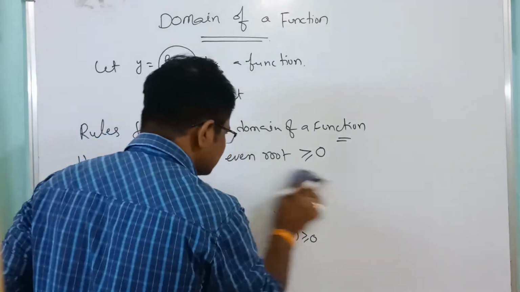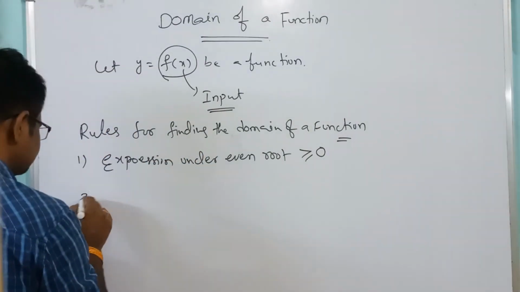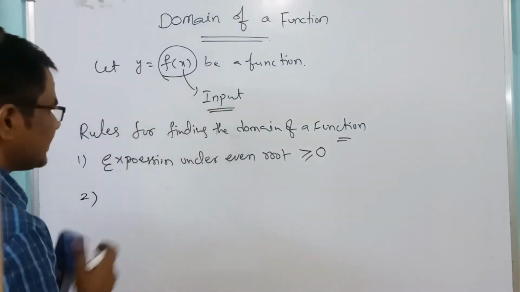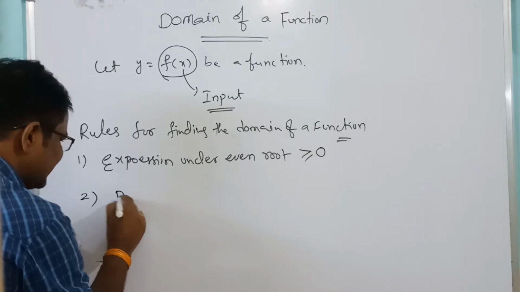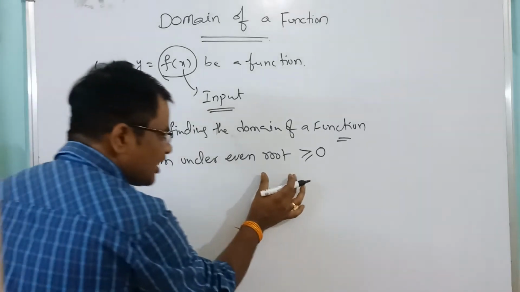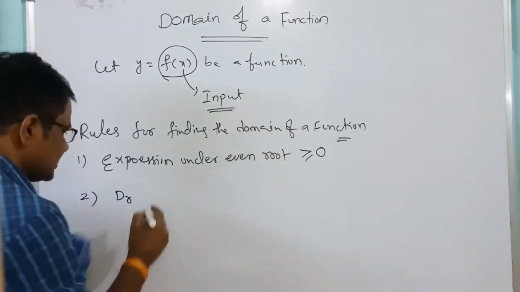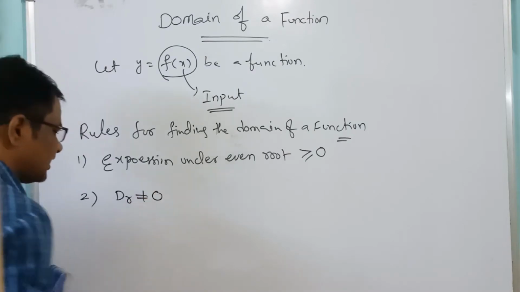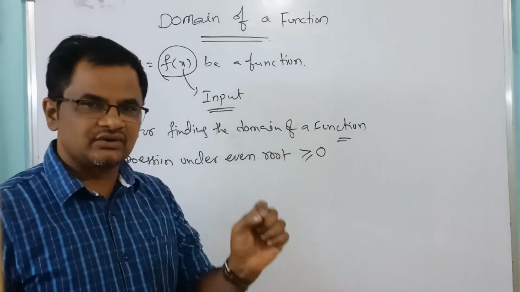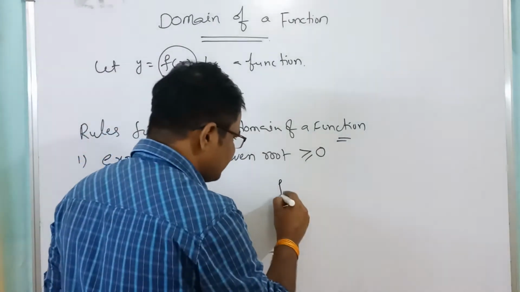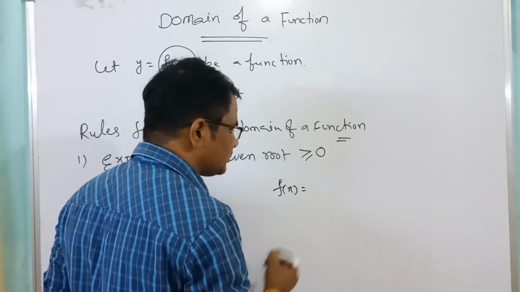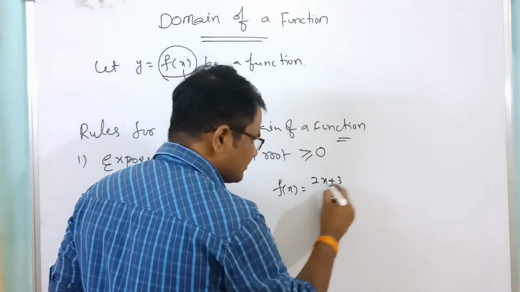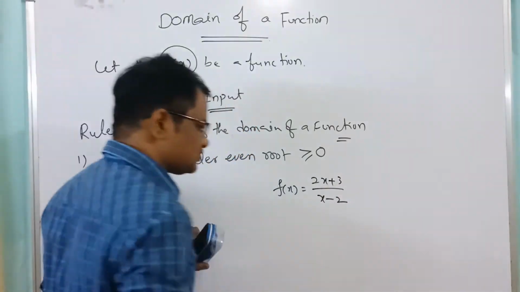Next, the second one. Suppose any function is in the form f of x by g of x, then the denominator is not equal to 0. For example, f of x equal to (2x plus 3) by (x minus 2).